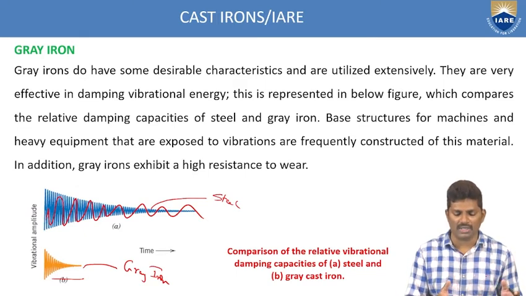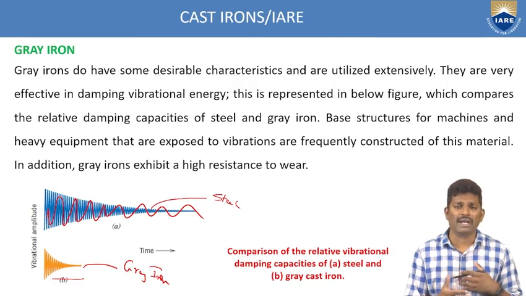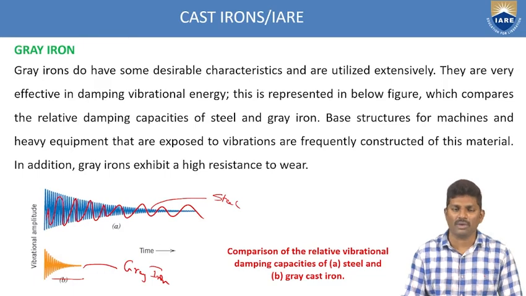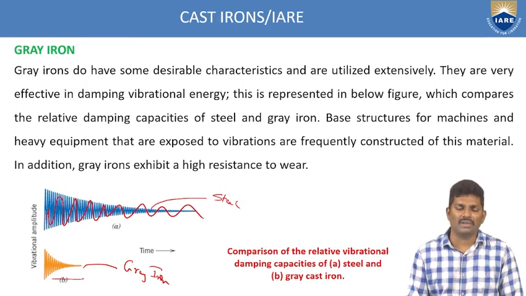In this case also, when you compare any machine working with a steel material, it has a lot of vibrations during the working process. The same thing, if you replace with gray iron, you can control the vibrations. That is one of the good examples of gray iron.